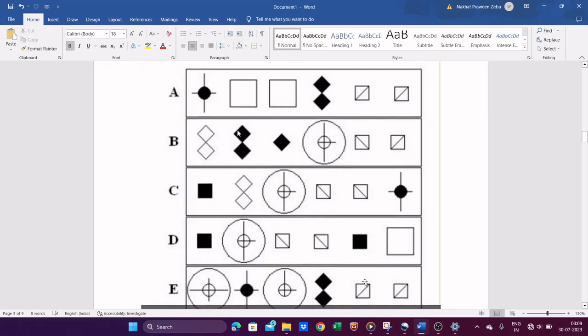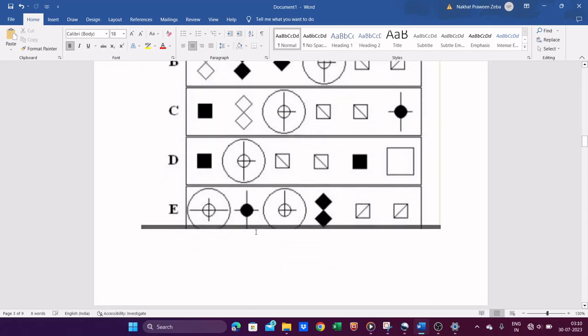Here I can also see gaps in between, right? So there are little gaps, means if one is filled, then another one is not filled, and then another one is filled. But in option B I can see it seems odd one out from all the given options, so I marked it B. You can solve it your way. Tell me if I'm wrong.